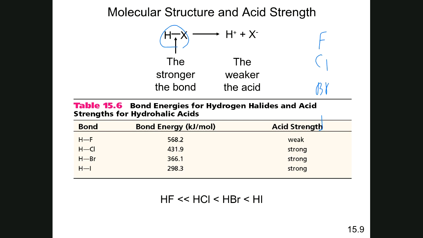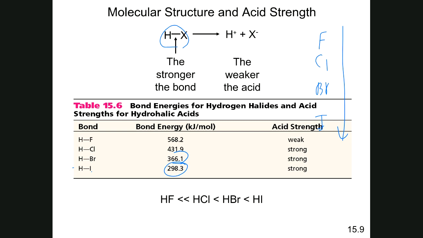Going down, the acidity is going to increase because they can lose hydrogen easier. The bond is weaker for HI compared to HBr, HCl, and HF.